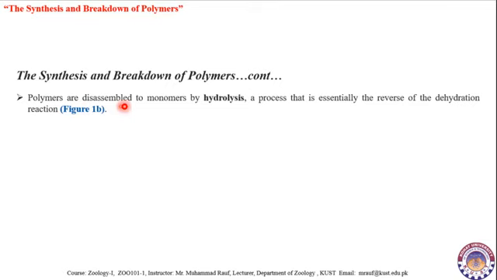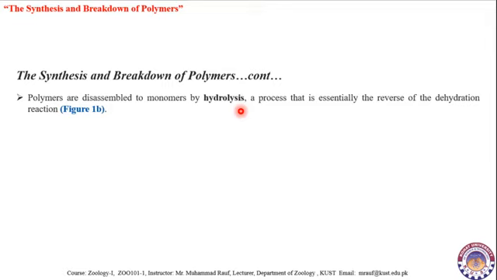Polymers are disassembled to monomers by hydrolysis. If a polymer is intended to be broken down into its individual units called monomers, then the reaction is exactly the opposite one.